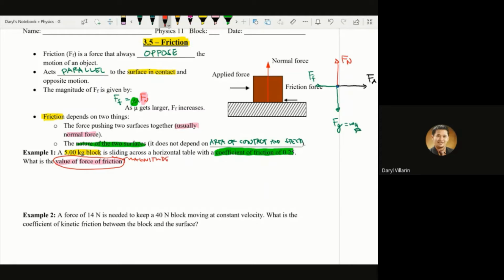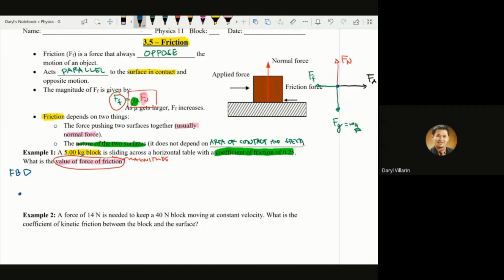Remember that the magnitude is given by this formula here. But before we start our solution, you always start with your free body diagram. So I'm going to start with the free body diagram. I'm talking about this object on a table.